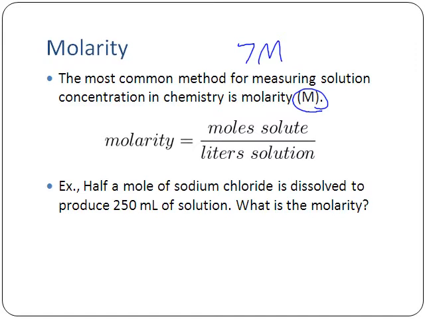The definition of molarity is equal to the number of moles of solute divided by liters of solution. The reason molarity is so useful is that if you are reacting something with a solution, or reacting two solutions together, you're going to want to do stoichiometry. And since you're doing stoichiometry, you always have to go to moles first.